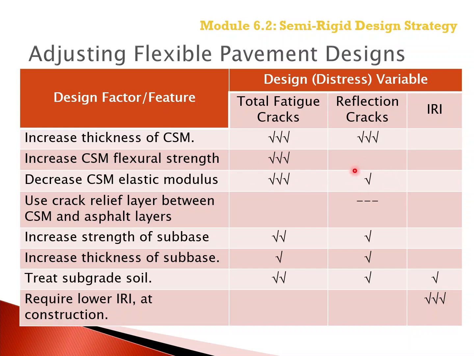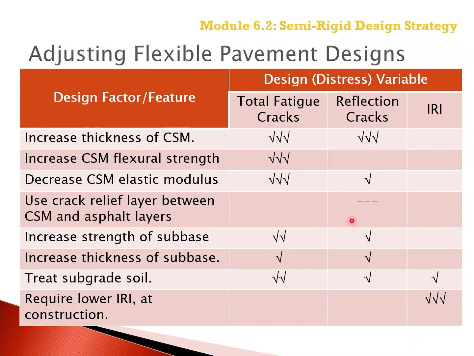The reason there is an effect on reflection cracking is that if the elastic modulus changes, in other words it becomes weaker, then the crack tip stress intensity factors, as well as the load transfer efficiency, are probably going to change slightly across the cracks in the chemically stabilized mixture. The use of a crack relief layer, you can see, is not defined.